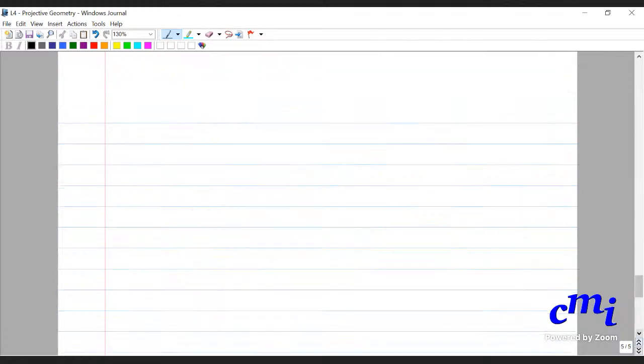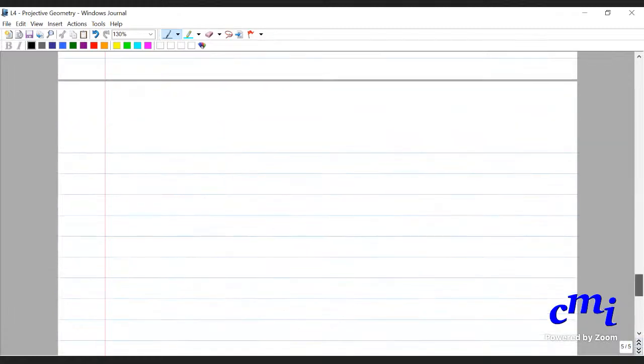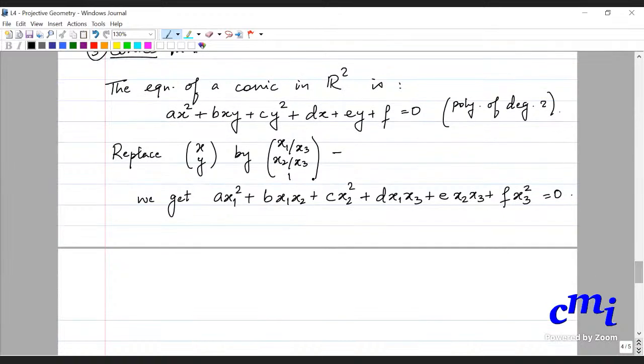This is how the equation of the conic will look in these coordinates. Now I can write this in matrix form as follows.